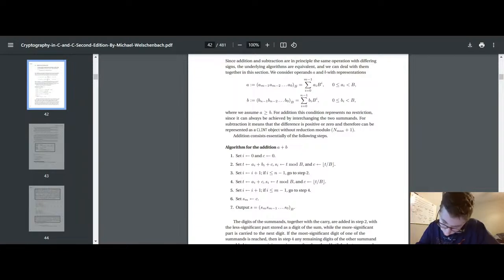I'll talk about how we do it in ComPark. And I'm going to repeat. I equals 2. T is 0. S of 2 is equal to 0. And then C is equal to 0 divided by 10, floored, is 0.